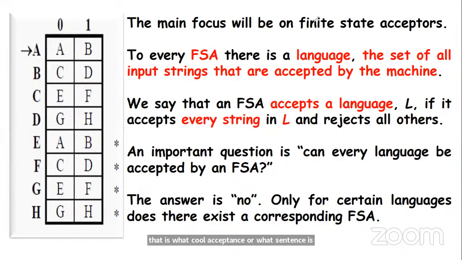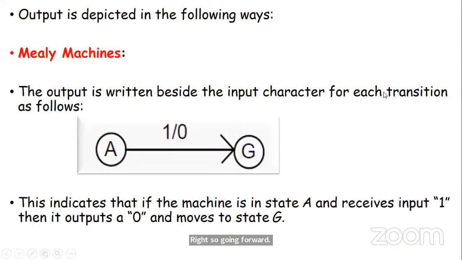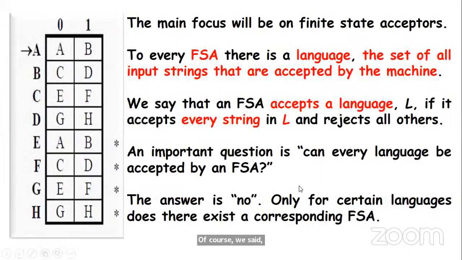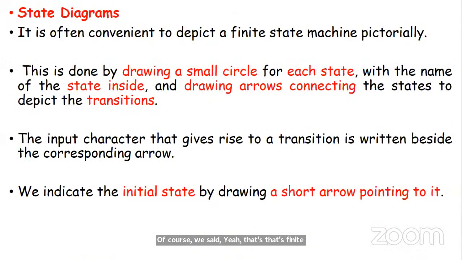All right, so going forward. How do we now draw the state diagram? Of course, we said earlier that finite state automata are represented using what? State diagram, state graph, or state table.